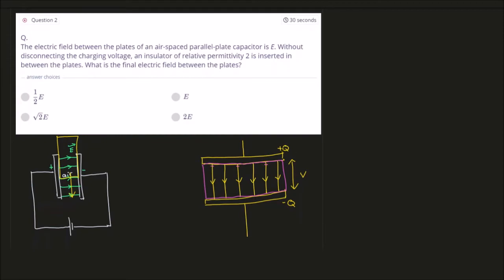So this plate is positively charged, right? So you induce negative charge on the surface of the dielectric. That's for the positive plate. For the negative plate, you have induced charges of opposite sign to negative Q, so a positive charge. Because of these induced charges, you create an electric field also, but this electric field is in the opposite direction.